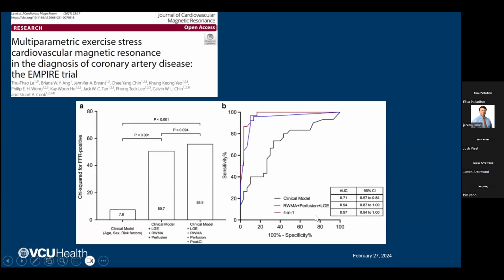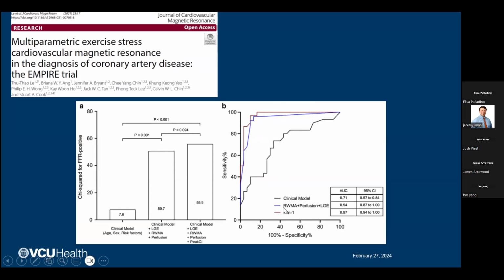And so if you looked at the clinical model, based on who was predicted to have coronary artery disease, in the black, adding exercise stress CMR in this manner, with a ramping supine bicycle exercise test, in the blue and red lines, really had very favorable receiver operating curves for identifying those patients who were about to be discovered to have obstructive coronary artery disease.